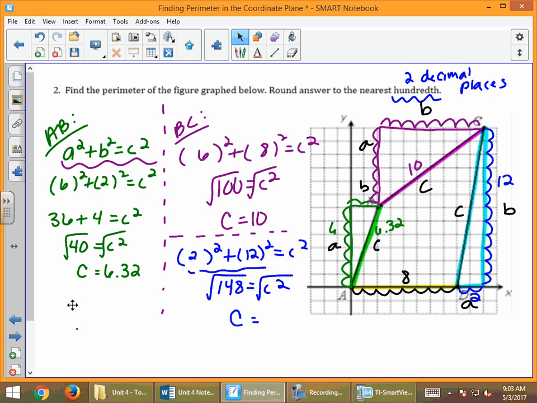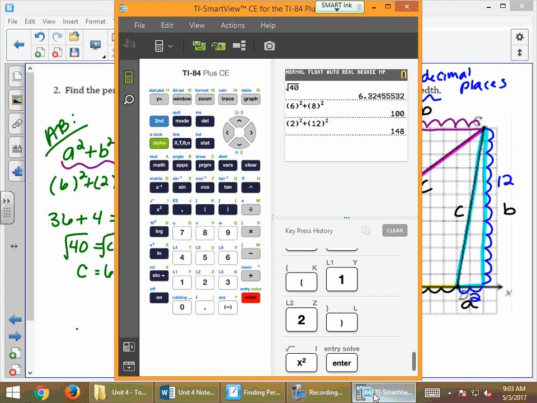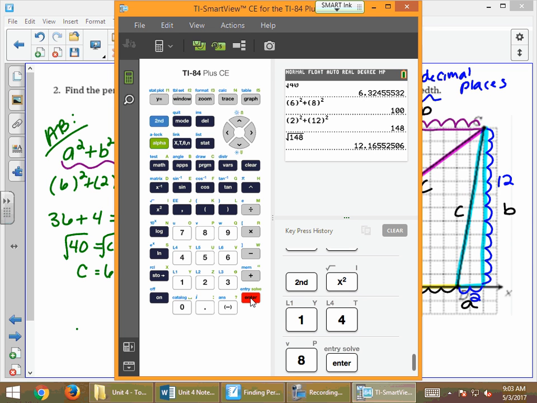Square root both sides. Again, we need to round. So in your calculator, you're just going to do square root of 148. Again, we're rounding to the nearest hundredth, which is 2 decimal places. So we look at the third one, that's 5. That will bump it up to a 7. So 5 bumps the 6 up to a 7. So the distance is about 12.17.